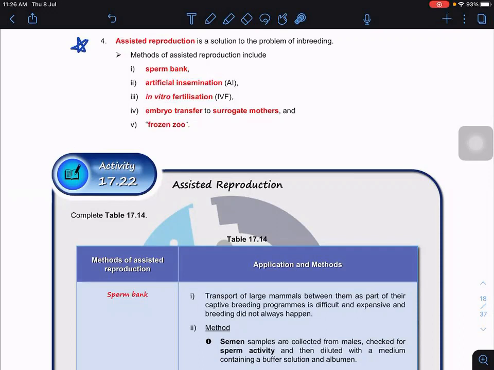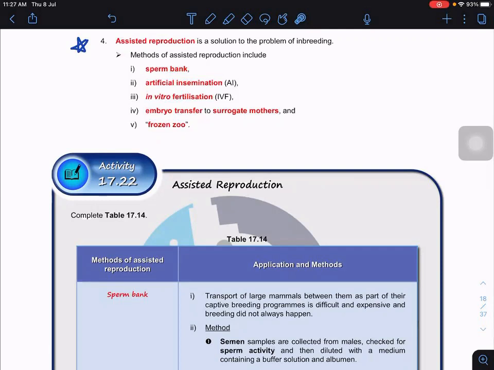Now, we do know that if we continue to inbreed the animals, one of the problems is inbreeding depression. But what we can do is use the sperm bank. Previously, if we didn't use the sperm bank, what could we do? If the zoos are nearby, let's say a few zoos, we can transfer our animal from one zoo to another zoo, let them breed, and then send them back.